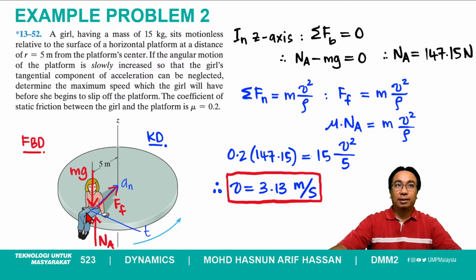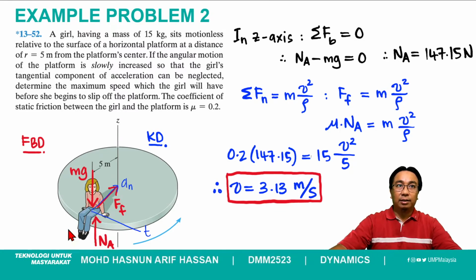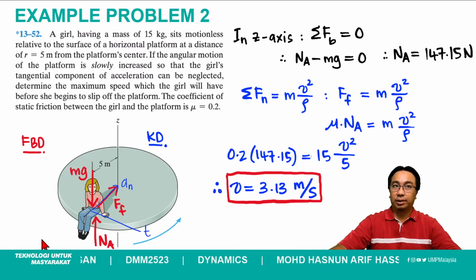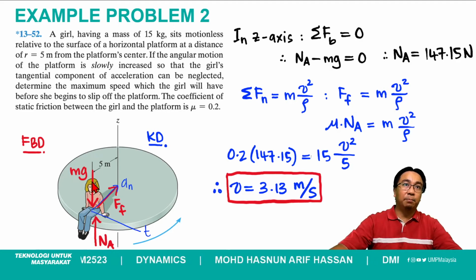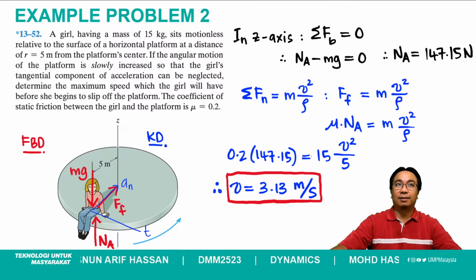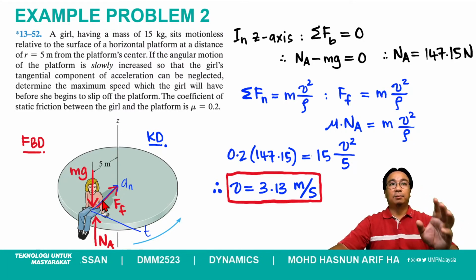Right? You cannot define mg in the normal axis in this direction. It is not logical. mg must be pointing downwards. Do you understand? Oh, yes, I understand, sir. Okay, mg must be pointing downwards.